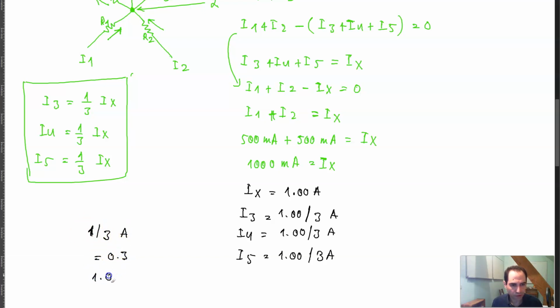If you write 1.0 divided by 3, that would be 0.33. If you write 1.00 divided by 3, that would be 0.333, because you have 3 significant figures. So that's basically how you write it.